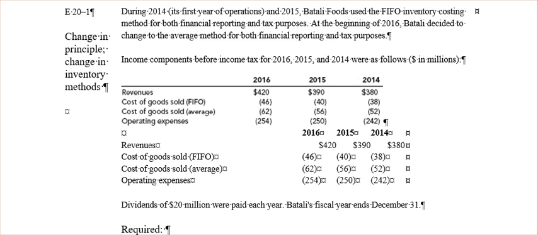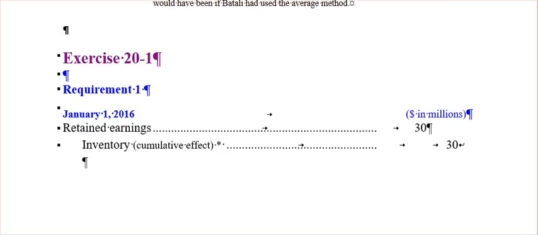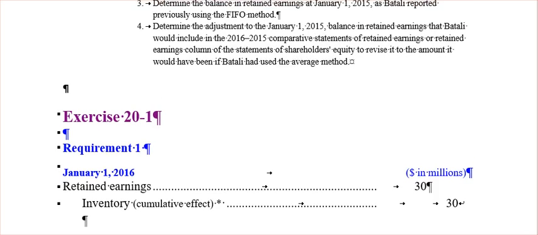In this case, they don't give you taxes, so if you had the tax rate, you would put it in there as well, and you would have an effect on your deferred tax accounts. Well, enough of that. I hope you got the 30 and understand where the 30 is coming from.